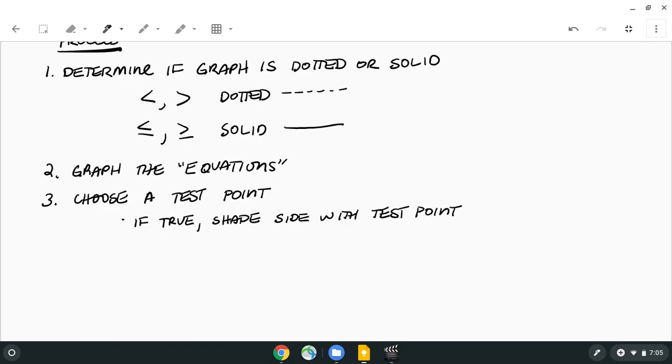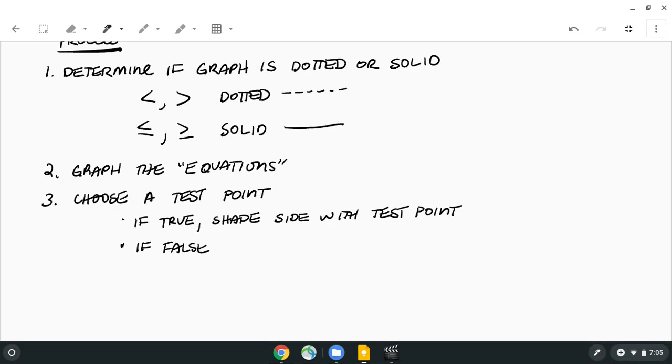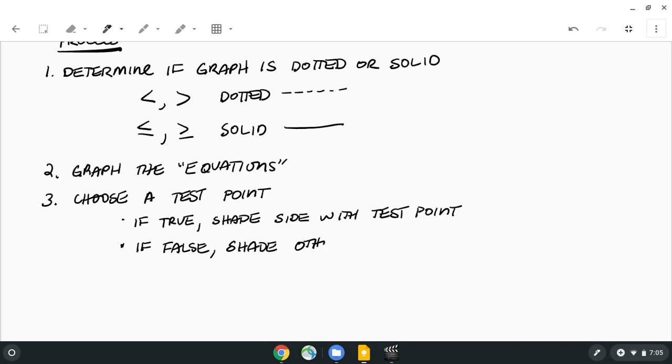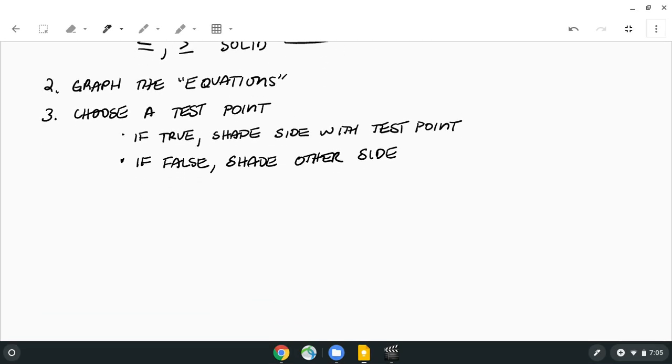If it's false, then you shade the other side. Since we're dealing with systems of inequalities, you do that for each inequality that's listed, and then the common shaded area is going to be your final answer.